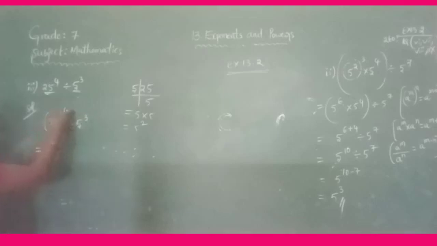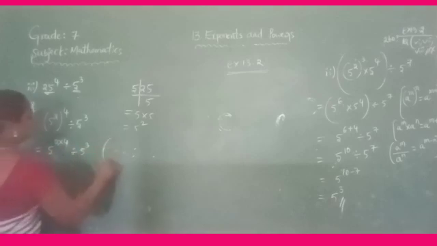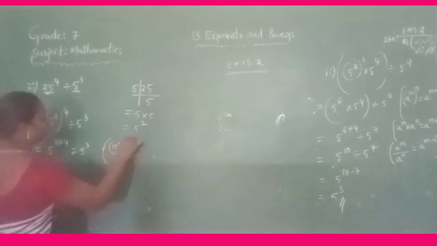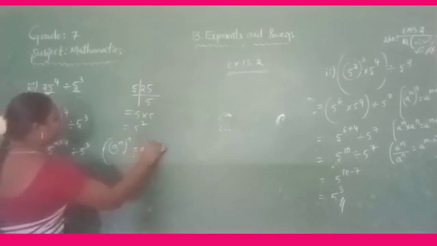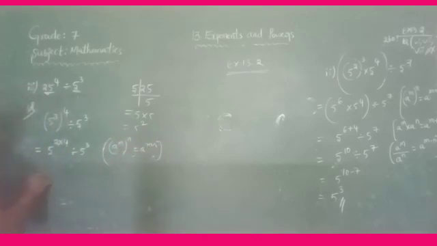See, again power of a power came. So power of a power means multiply the exponents, that is 5 to the power of 2 into 4 divided by 5 cube, that is a to the power of m whole to the power of n is equal to a to the power of mn. Now multiply the exponents, 2 4s 8. 5 to the power of 8 divided by 5 cube.